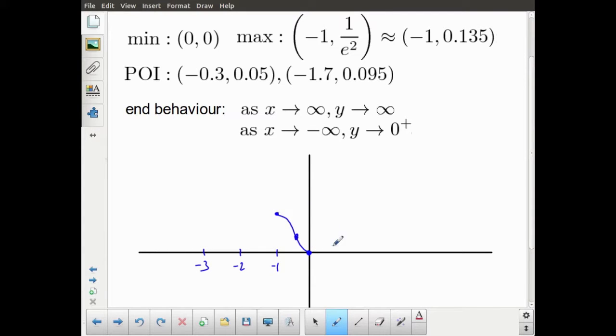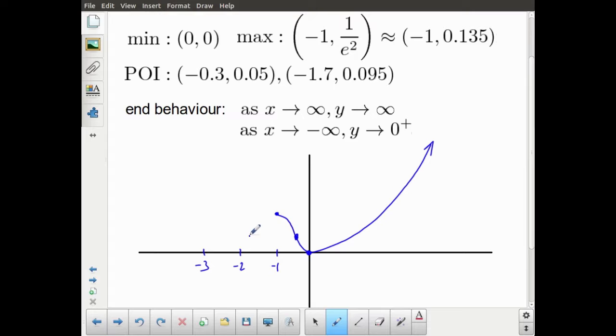And then to the right, there's nothing else happening by way of features, but as we go right, we know that we go to infinity. So this concave up continues to infinity. That's what we end up with on the right-hand side. It may be shallower than what I'm showing, but that's still concave up the whole way. And then over here on the left-hand side, we do have another point of inflection around here at -1.7.